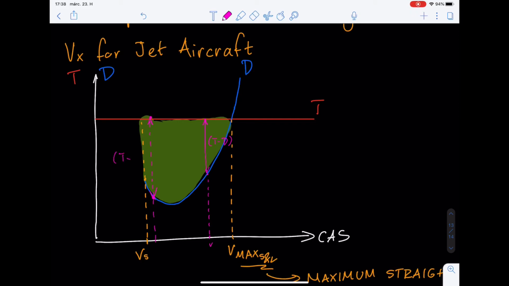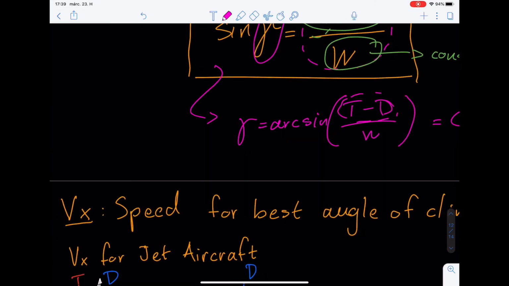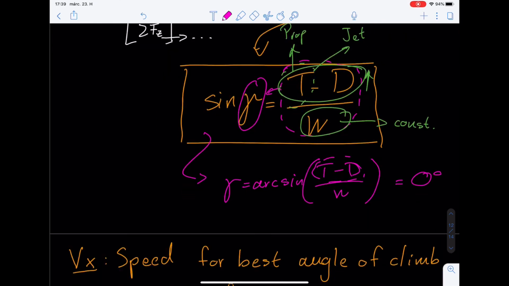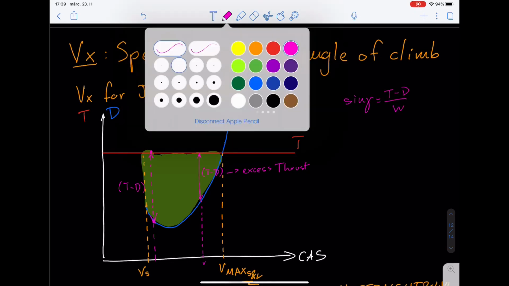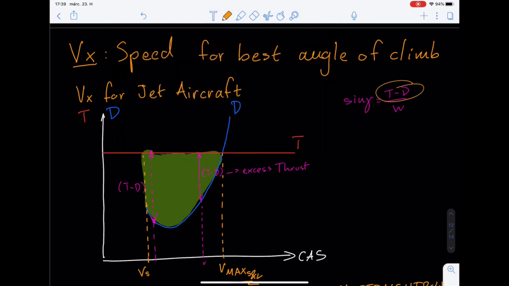If you remember, thrust minus drag is the so-called excess thrust, and you can find it in the formula of the flight path angle: thrust minus drag over weight, on the upper part of the fraction.